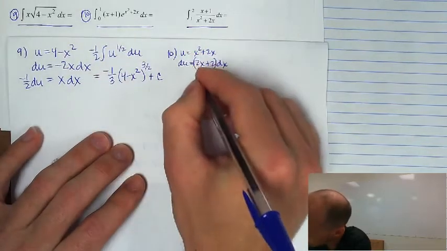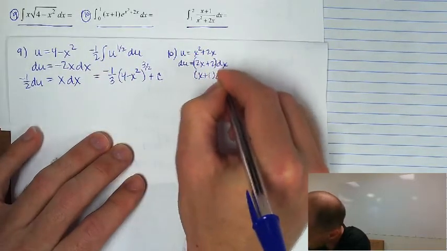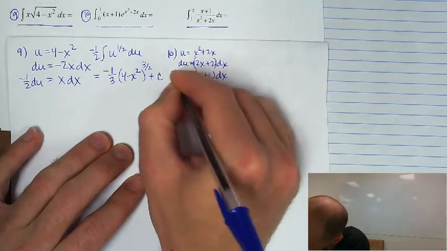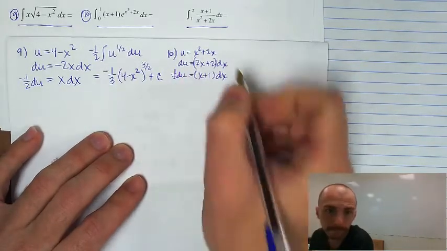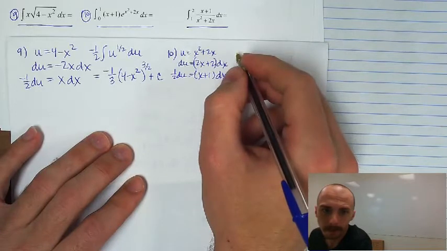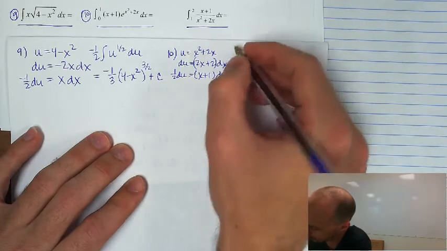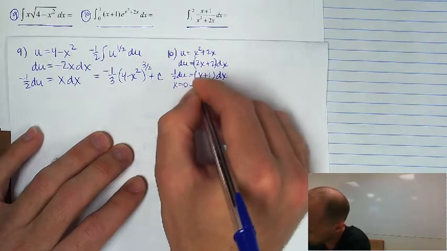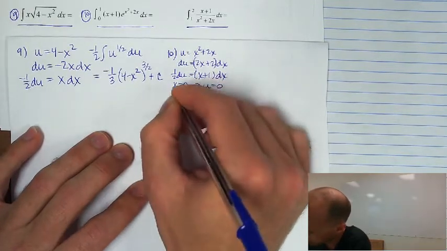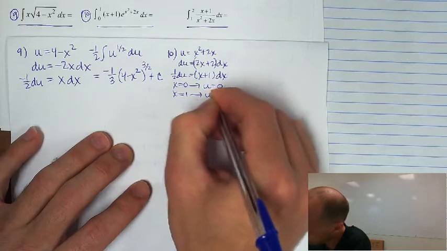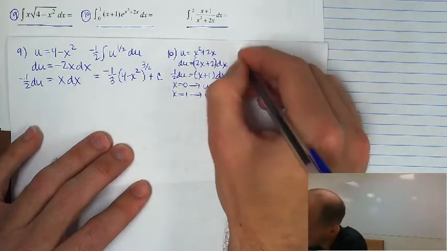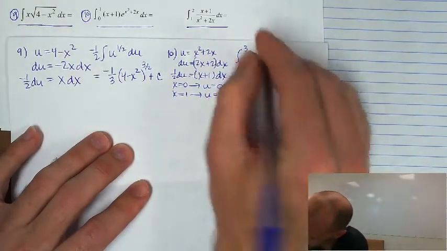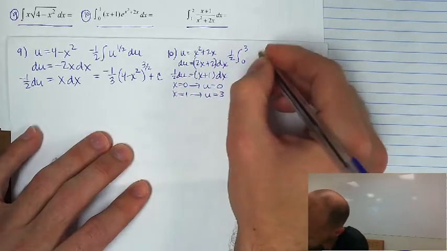So if all I have is x plus 1, I'm dividing by 2. Okay. And I'm going to actually compute the bounds also. X equals 0 gives u equals 0, and x equals 1 gives u equals 3.